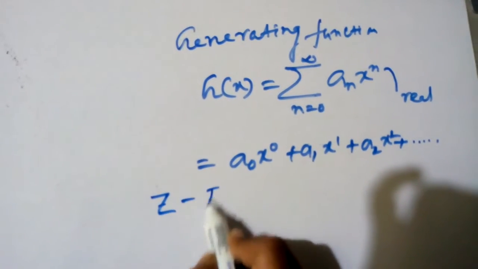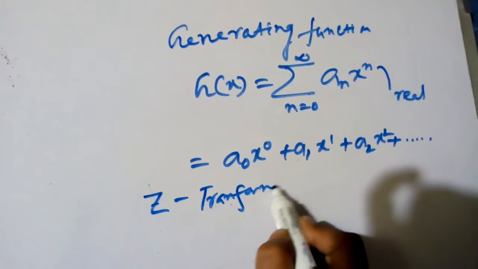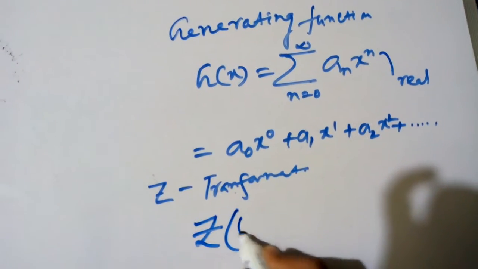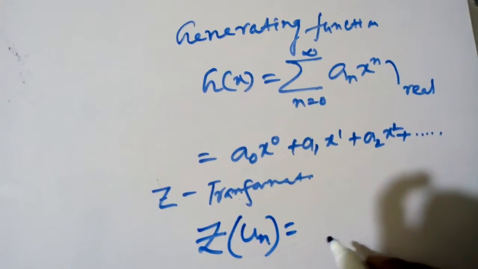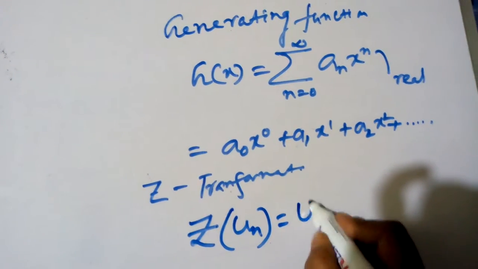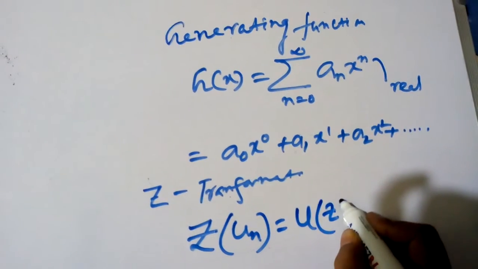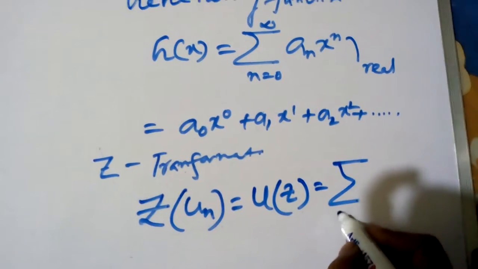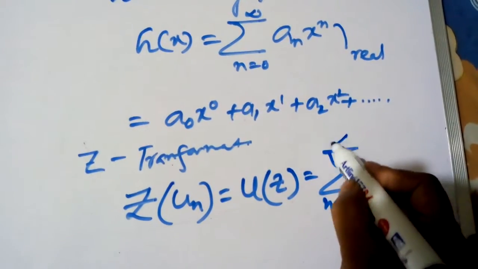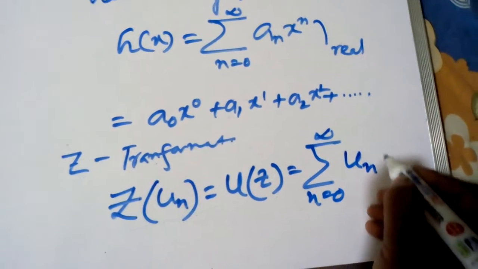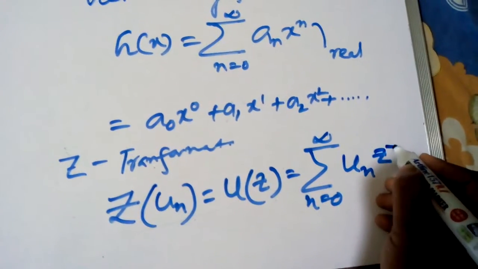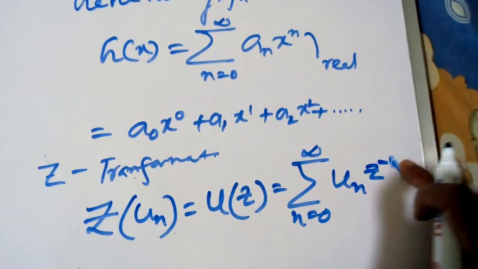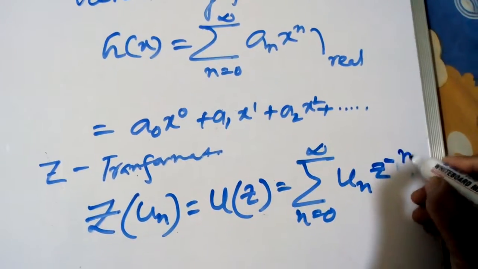So what is Z transformation? We denote Z transformation as Z{u_n}. It is also denoted by U(z), and equals the sum from n equal to 0 to infinity of u_n z^(-n), where n is real.